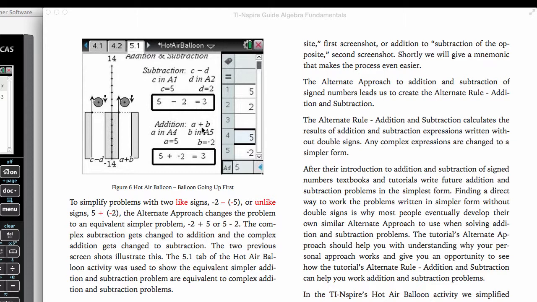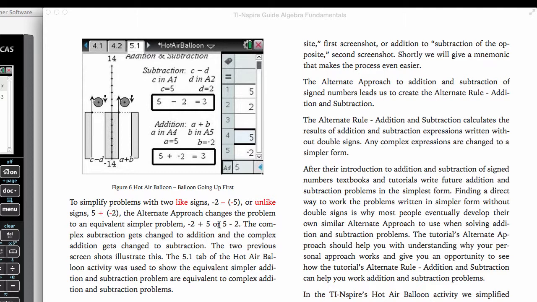Putting these two pieces of information together, if we have two like signs, -2 minus a -5, or unlike signs, we can come up with an alternate approach to change two negative signs to a positive, and a positive and negative sign to a negative.